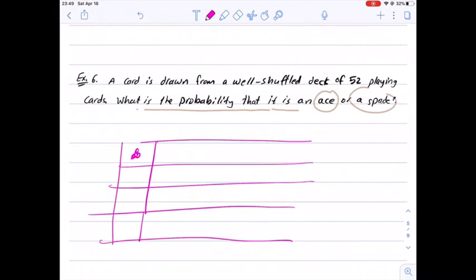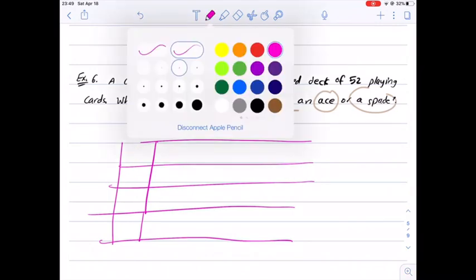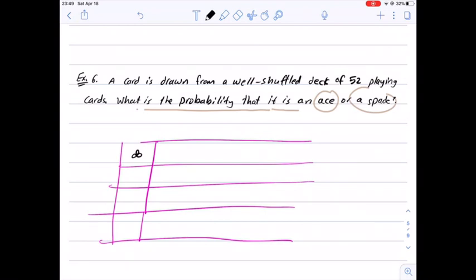So for example, here we have club, this is called club, and we have spade, we have heart, and we have diamond, with numbers from 1 to 10.